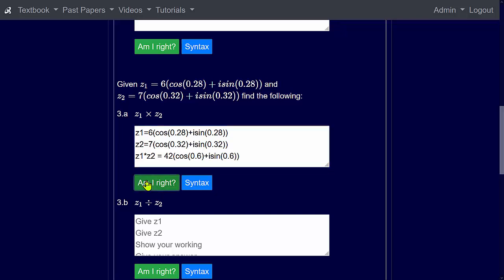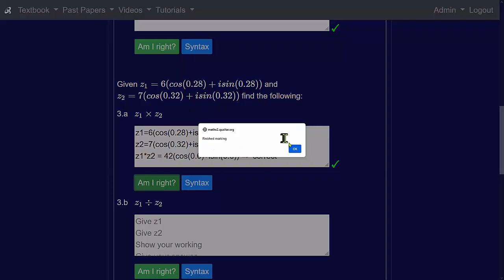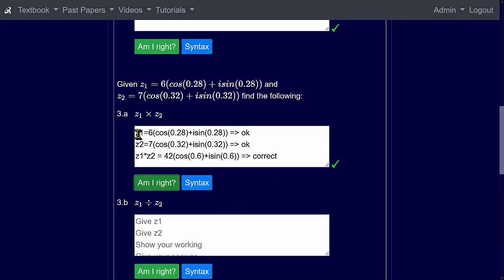Okay, are we right? Yes, we are. Good. Let me copy these and pop them in there. And this time we want Z1 divided by Z2, and that's going to equal, so instead of multiplying these together, this time we divide them, so it's 6 divided by 7, brackets. Have I still got that? No, I don't. So I want this and put it in there.